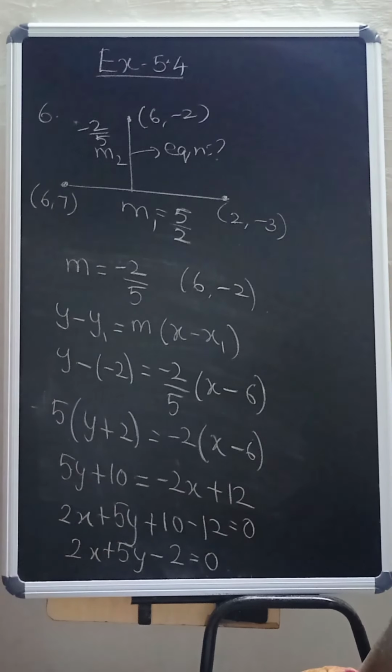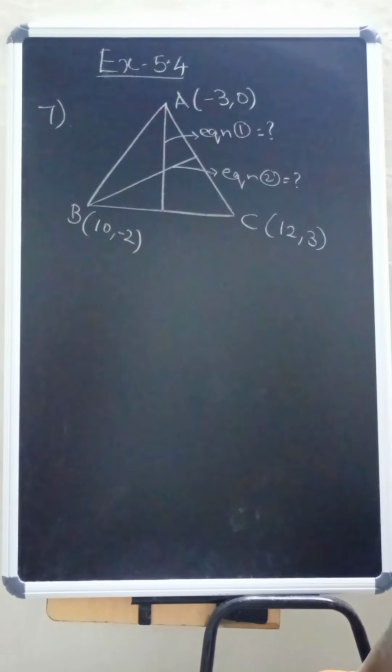X plus 5y minus 2 is equal to 0 is the equation of the required straight line. Next, seventh sum. A minus 3, 0, B 10, minus 2, C 12, 3 are the vertices of triangle ABC. Find the equation of the altitude through A and B.